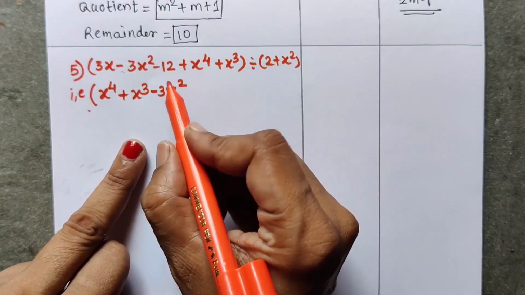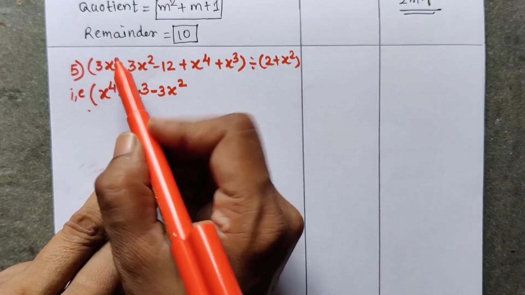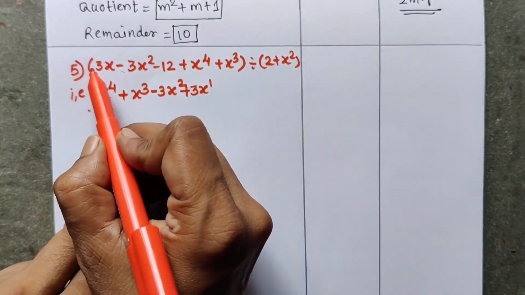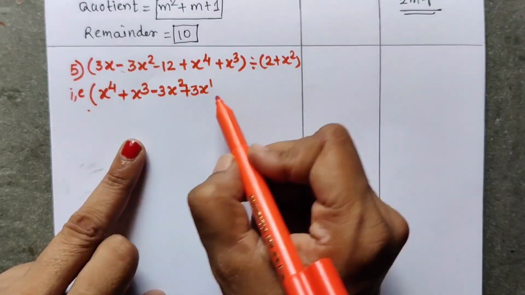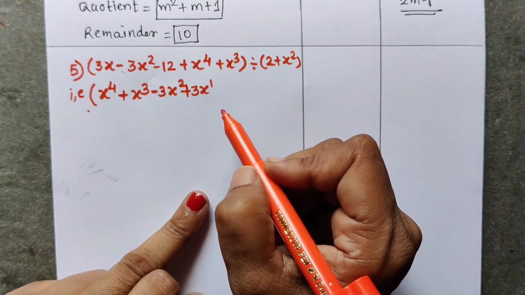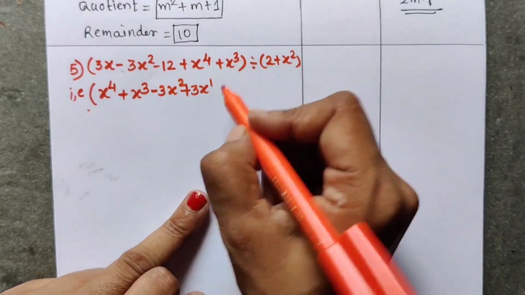After x square there should be x raised to 1 term, so plus 3x raised to 1, no sign is there means plus sign is there, so 3x raised to 1 we have written. And last term should be x raised to 0. X raised to 0 means constant term, only number term. Only number term is minus 12.